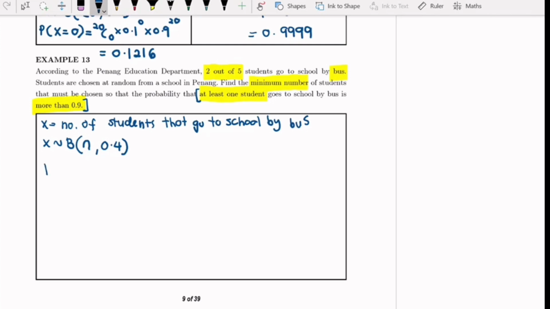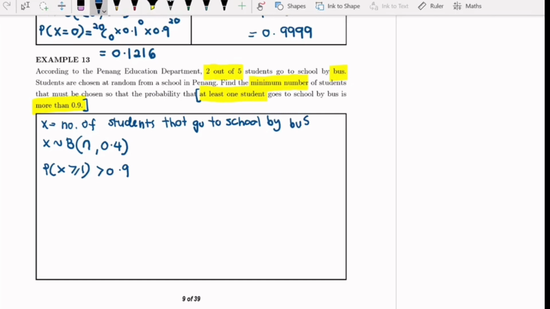Probability at least one student, so x greater than or equal to 1, go to school by bus is more than 0.9. What we need to find is the value of n so that P(x greater than or equal to 1) is greater than 0.9.